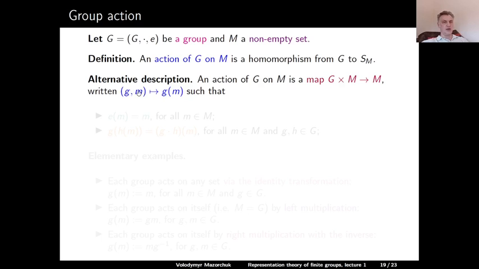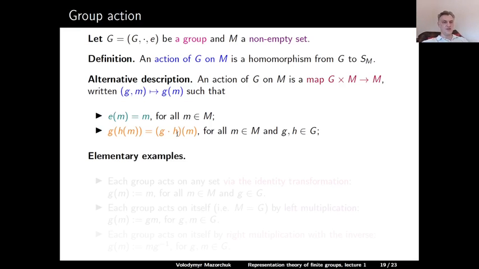So the pair (g, m) goes to g(m), which has the following properties. e(m) is equal to m for any m in M, so the identity of the group should act as the identity transformation of M. And g(h(m)) is equal to (g times h)(m) for any m in M and g, h in G. This encodes the requirement that the product of g and h acts as the composition of the transformations defined by h and by g.